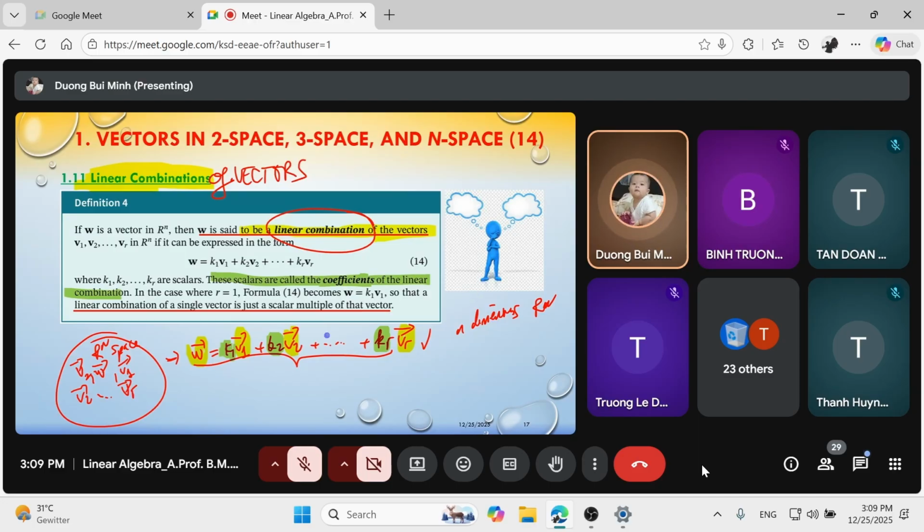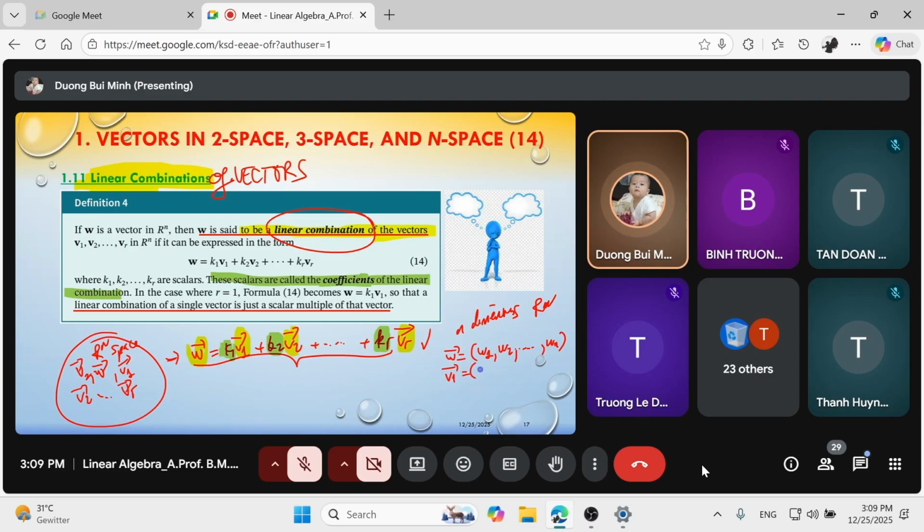Of course, the linear combination of vectors, you can indicate as linear equations because for vector W, we have W1, W2, up to Wn.